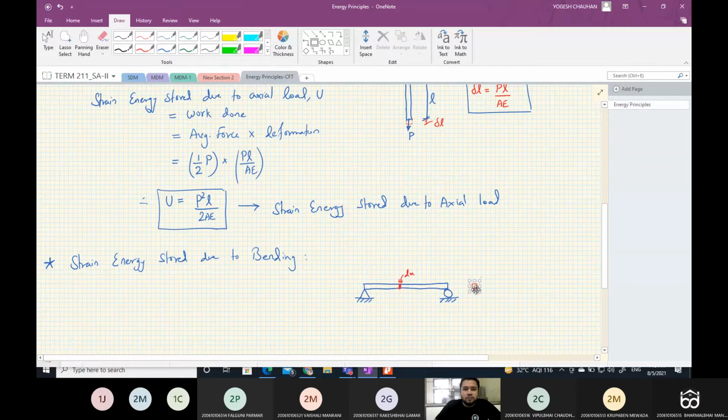This will be the cross section, and consider a small elemental strip having area dA.